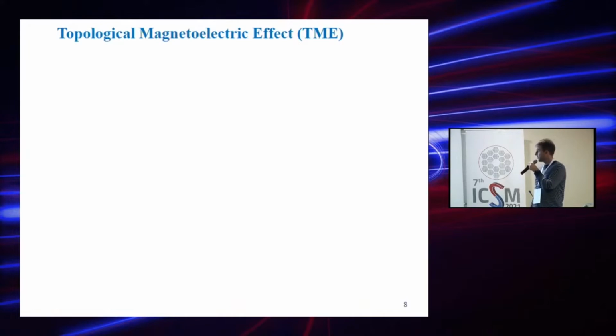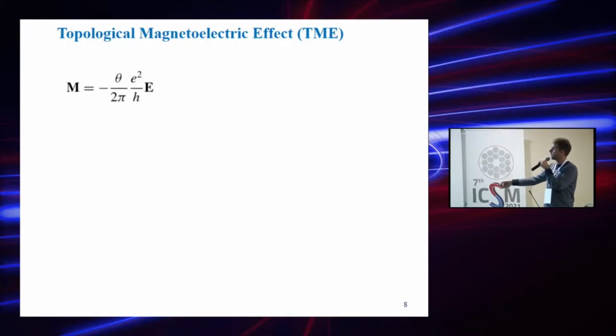Another interesting and promising effect is the topological magnetoelectric effect. Imagine a 3D topological insulator film which is completely gapped due to the magnetism or magnetic confinement. In this case, if you apply an external electric field to your system, it will respond with an additional contribution to the magnetization, which is quantized in e²/h as well.